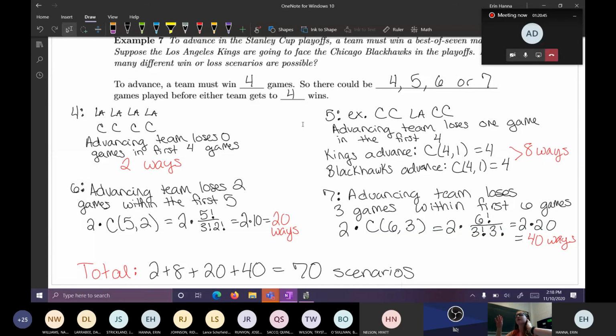An arrangement would count the order of the games. We don't really care about the order of the games. We just care that they won 4 games. We don't care about listing them in their correct order.